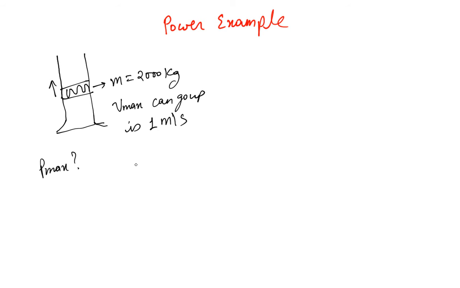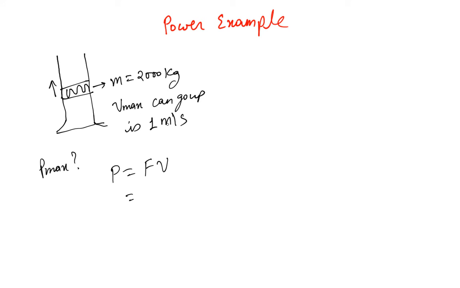Okay, again we have to use the formula P equals F V cos theta. Well, theta is 0 in this case. You see movement and force are in the same direction. So this is the formula. Now what is F, by the way? What is the force that lift is applying to move this thing upward?